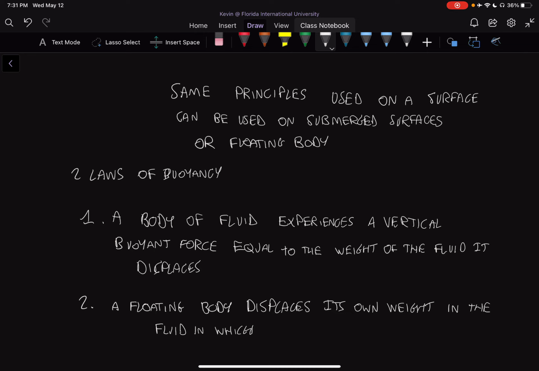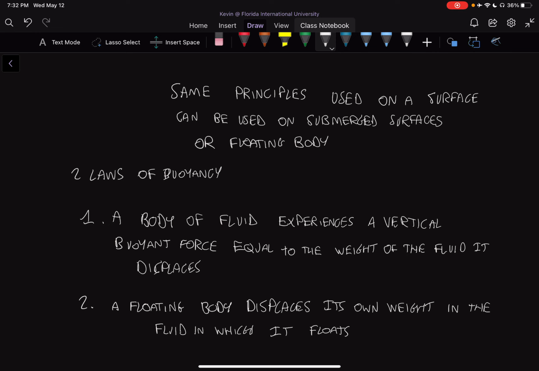So that means that if a boat is on the water, the boat is going to be a little bit underwater and is going to displace the amount of water that is equivalent to the weight of the boat. And the water is more dense than the boat, therefore the boat is not going to sink. And if that doesn't make complete sense right now, hopefully it'll make sense in a little bit.